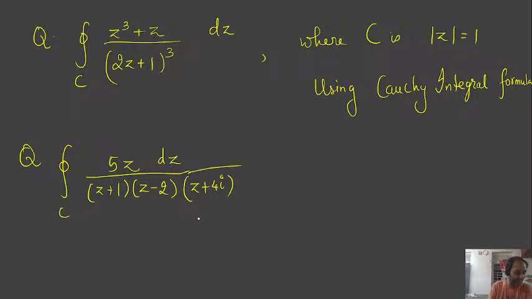You can try with the curve mod z equals 5. C is mod z equals 5. The answer for this will be 0, and the answer for the above one, you would get somewhere minus 3 pi i over 8.